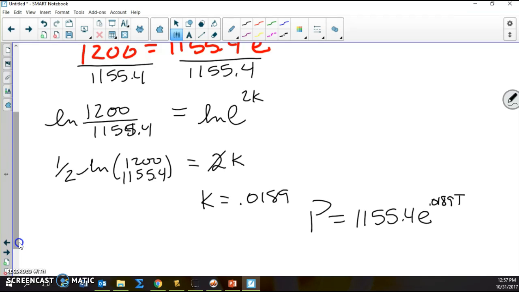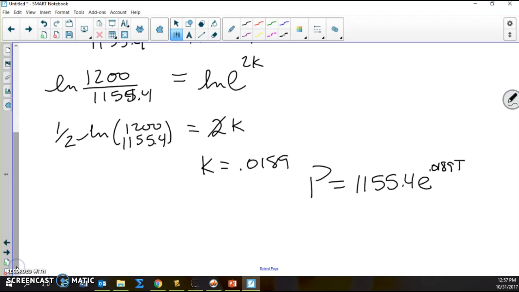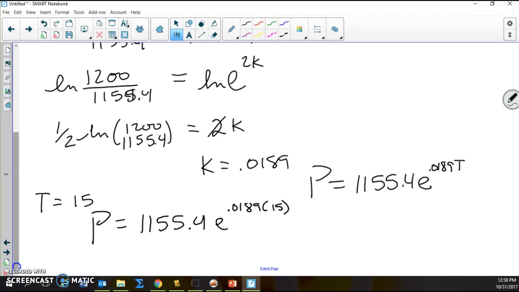It says for 2015, we're going to let t equal 15 and substitute that in to calculate for the number of people. So doing that, population is equal to 1155.4 times e to the 0.0189 times 15.